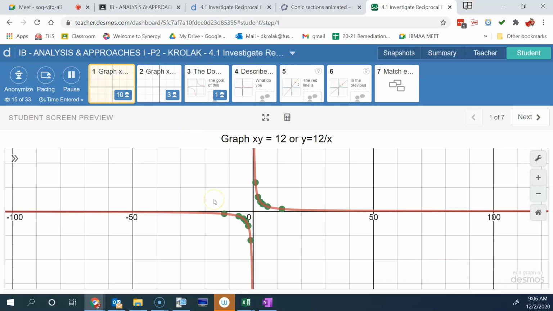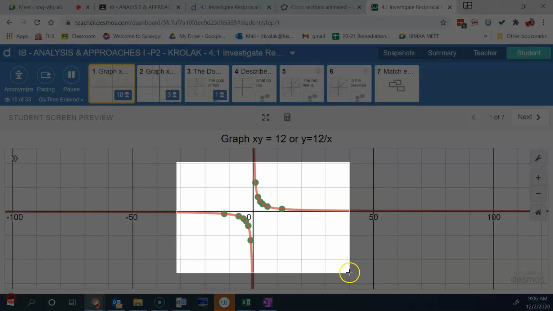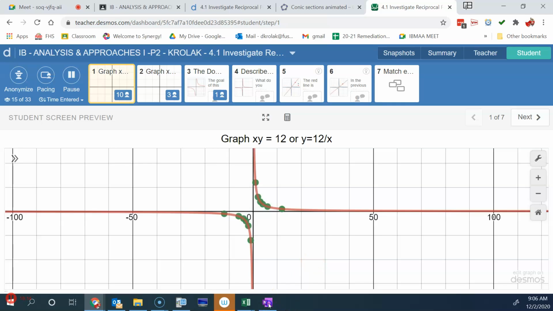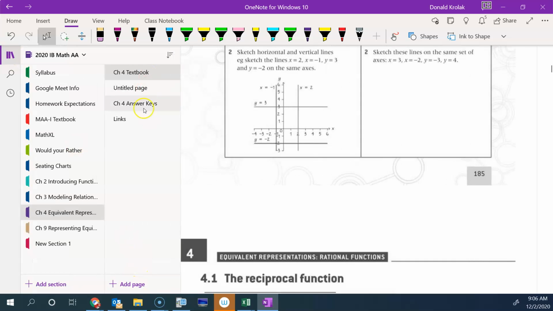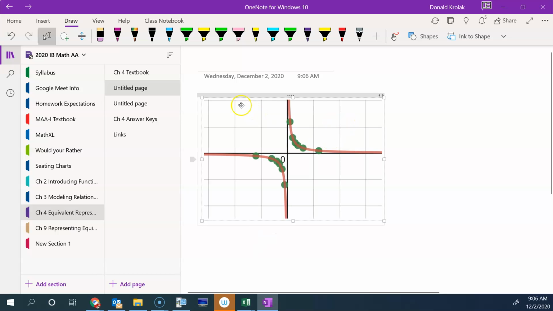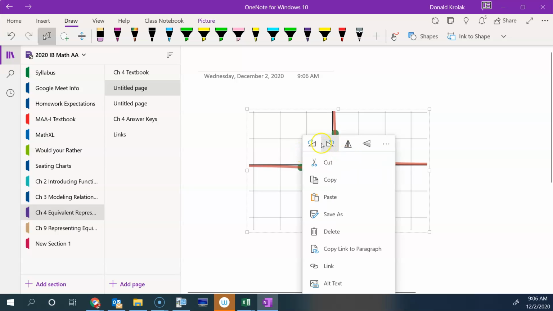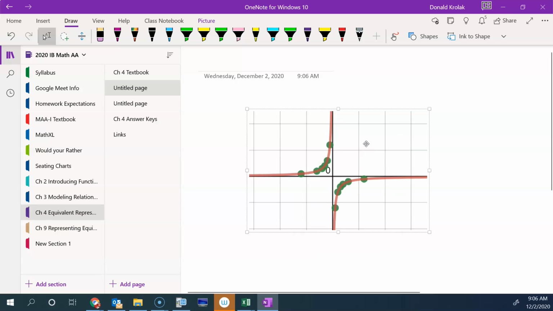All right, and what I mean by that is if I take this piece, remember an odd function, when you turn it upside down, it looks the same. Okay, so if I took that and just pasted it here, and I flipped it upside down, okay, if I flip it over the x-axis, boom.